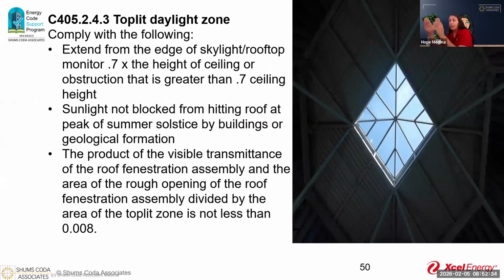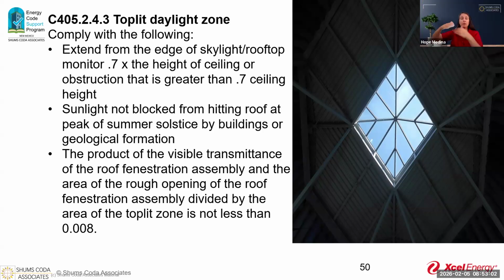Now, not only do we have daylight zones for windows, right? Side lit fenestration, we also have it when we have top lit zones. That would be if you're dealing with a skylight, right? And so when you have those skylights, there's a daylight zone that is produced by it, and so you have to measure.